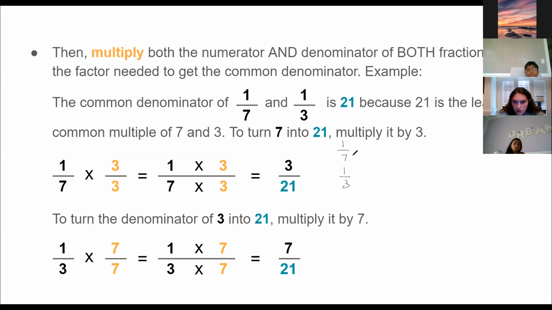So 7, 14, 21, 3, 6, 9, 12, 15, 18, 21. And 3 isn't a multiple of 14, and 7 isn't a multiple for any of these numbers. But 21 is, and you want to find the smallest one.